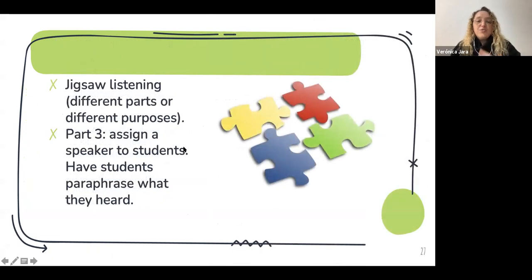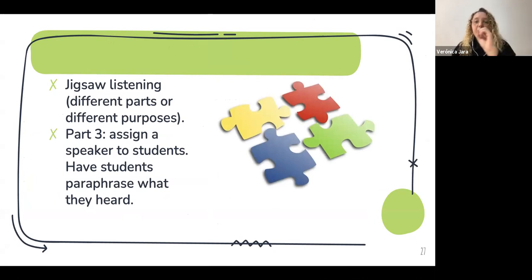Something else that you can do, for instance, with part 3 or any part, is what we call jigsaw listening. You can give students different parts of the recording to listen to, or you can ask them to listen for different purposes.